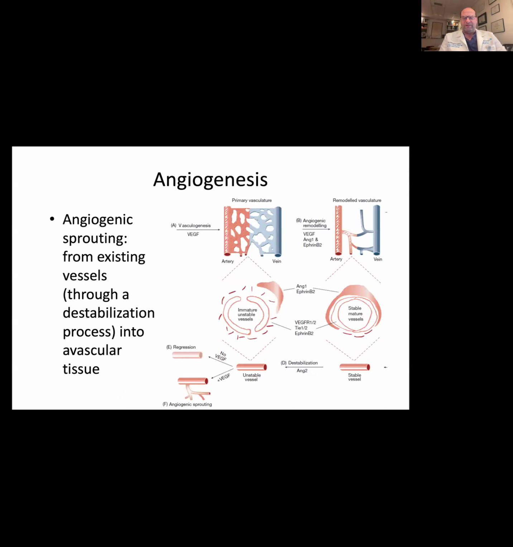Angiogenesis is the process where, from a stable, mature vessel, we have a destabilization process that will then lead to either regression of a blood vessel if it's no longer needed, or to angiogenic sprouting, i.e., new blood vessels going towards the periphery.